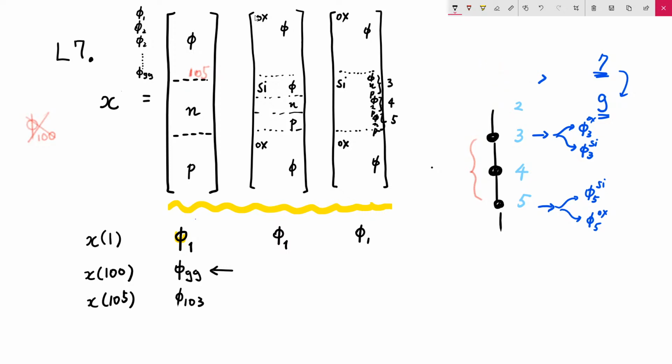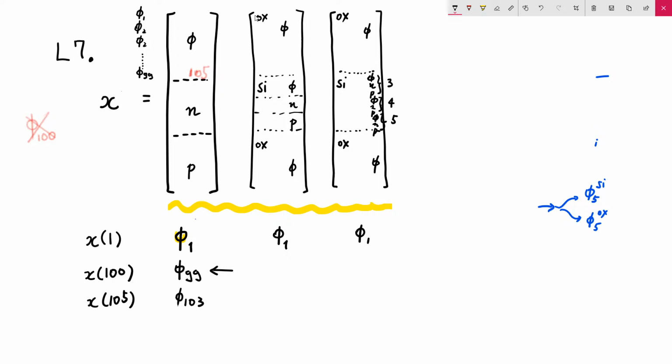Although the structure shown here is for a 7 points example, now I'm talking about a 103 points example. So the considered structure here is like this.